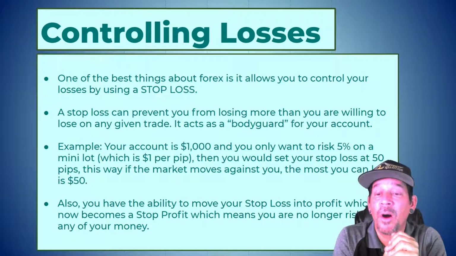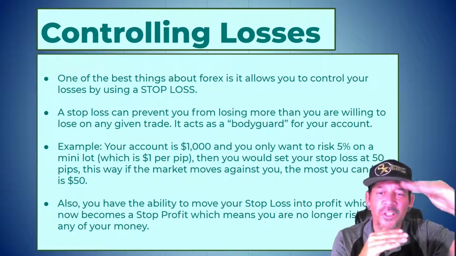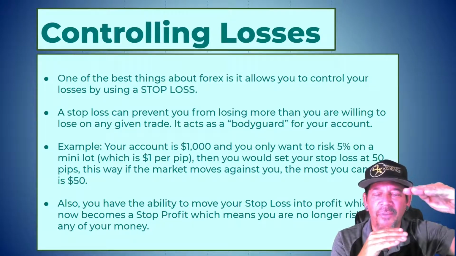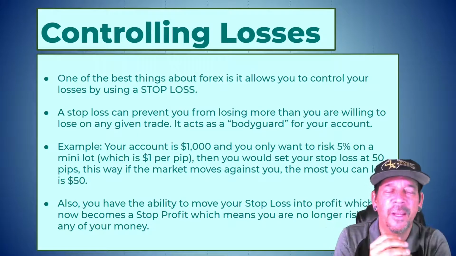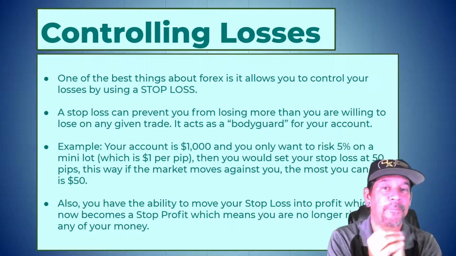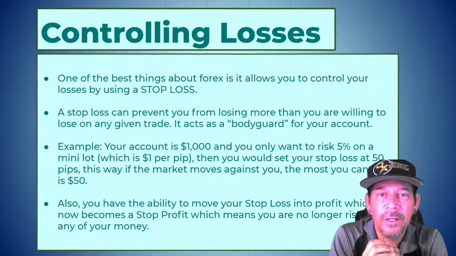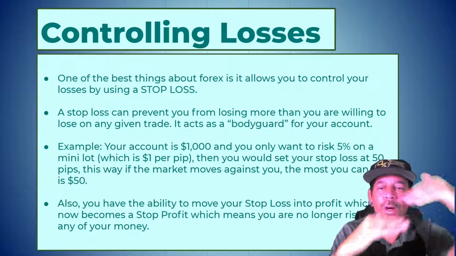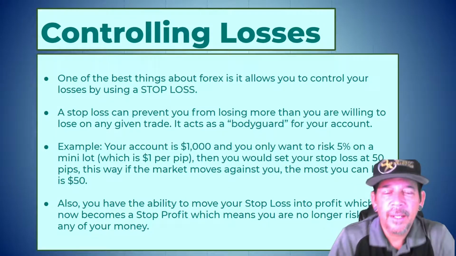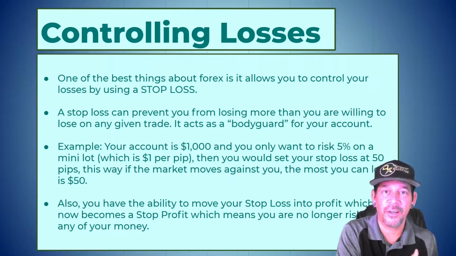So now if the market reverses and starts going against you, you've moved your stop loss into a stop profit, 10 pips into profit. And now you go off on your way. Now you're not risking anything. Better yet, if the market goes against you now, it's going to close out once it hits your stop profit, and you're going to have 10 pips of profit put into your broker account.